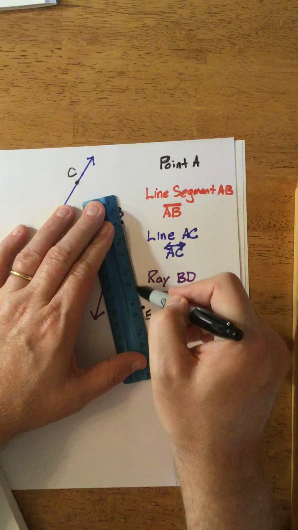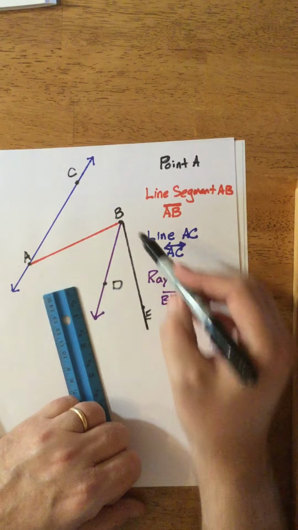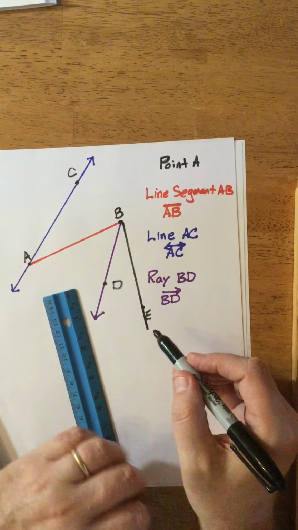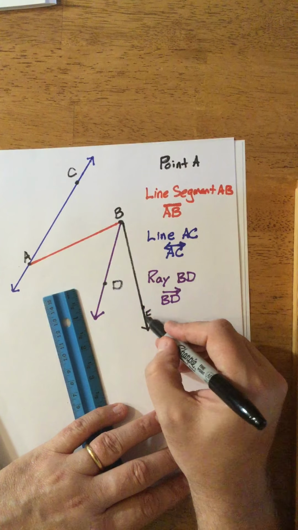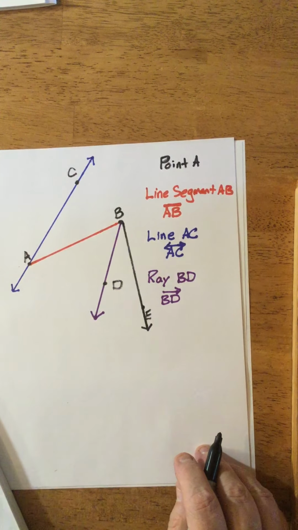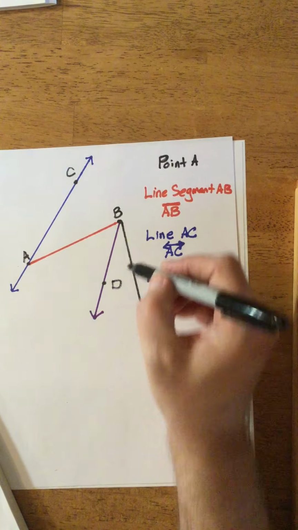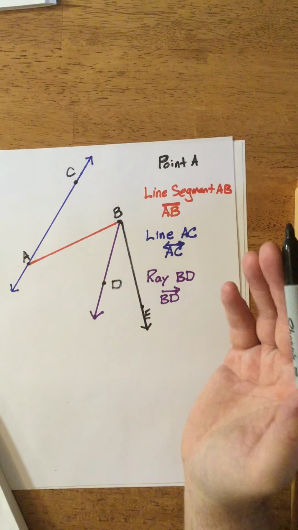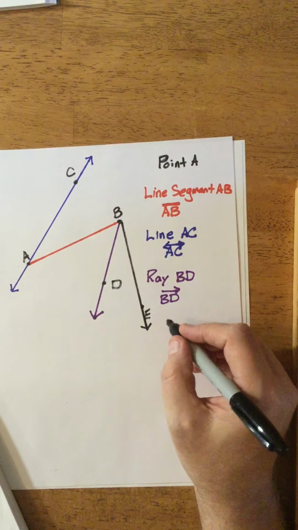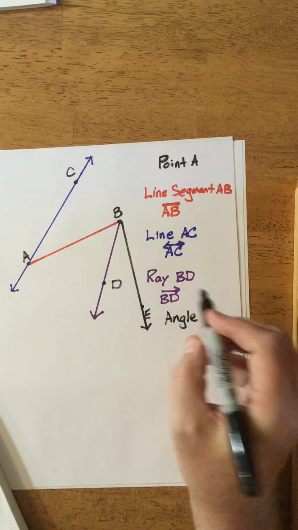I'm going to start at where B ends, and I'm going to extend it through the letter point E here. And so what we have done is we've created our fifth vocabulary word, and that is an angle.